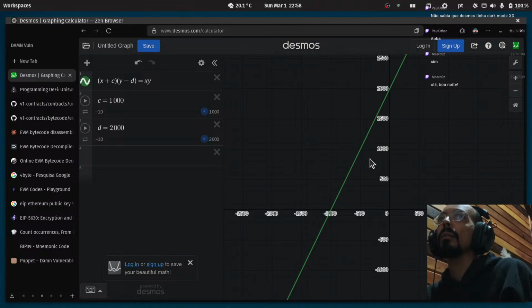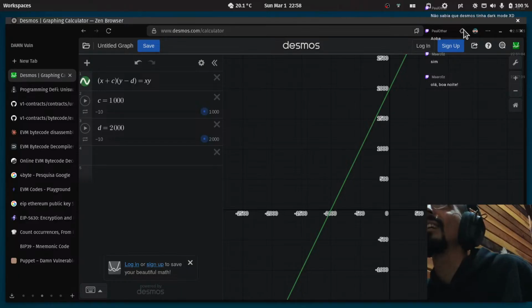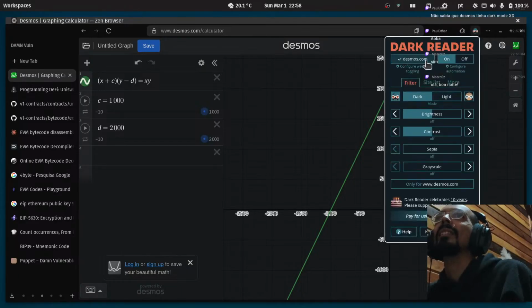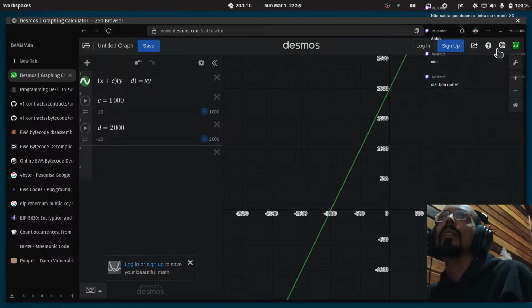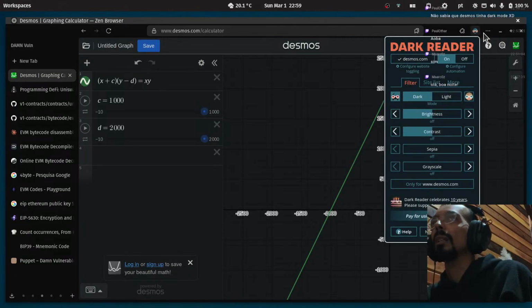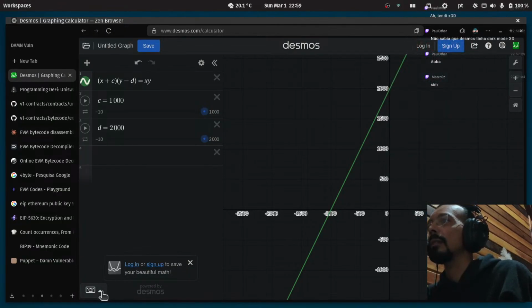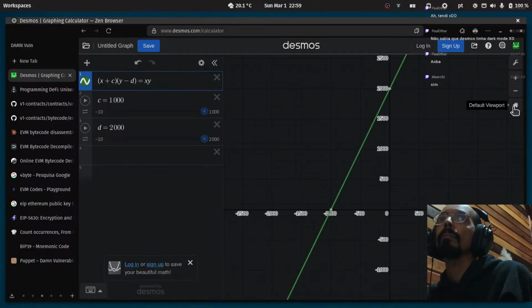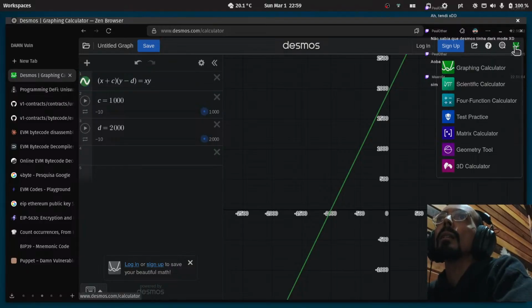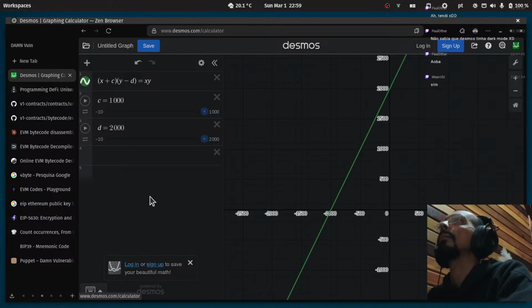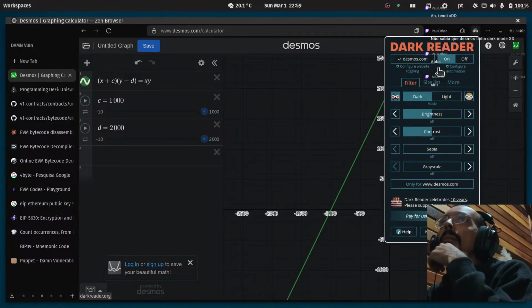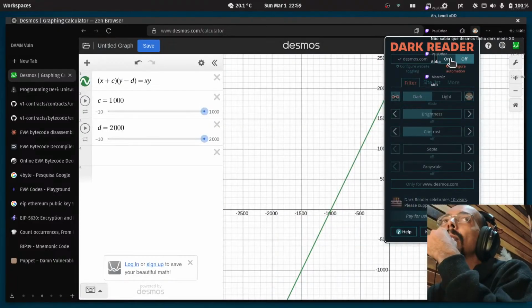I don't think they do. Maybe they have dark mode, I don't know, but I'm using Dark Reader. Yeah, maybe they don't have it. Let's see. Prepare your eyes. Oh my goodness.